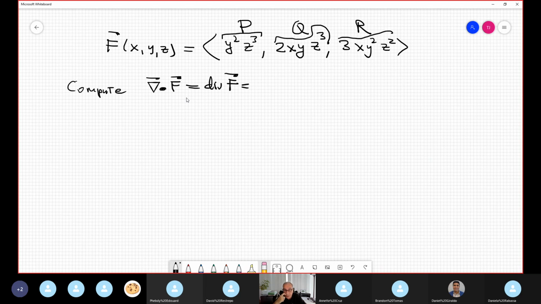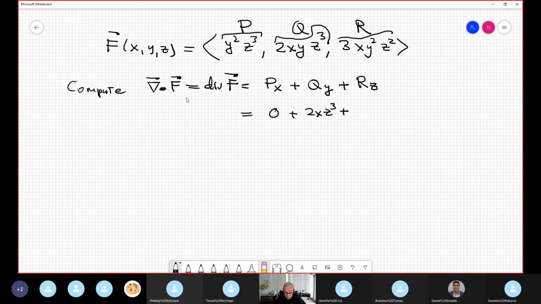And you take the partial derivative of P with respect to x plus the partial derivative of Q with respect to y plus the partial derivative of R with respect to z. Okay, the partial derivative of P with respect to x is 0 because we have no x, plus the partial derivative of Q with respect to y. Well, we have only one y, and the derivative of y with respect to y is 1, and you consider the rest a constant, so 2x z cubed.